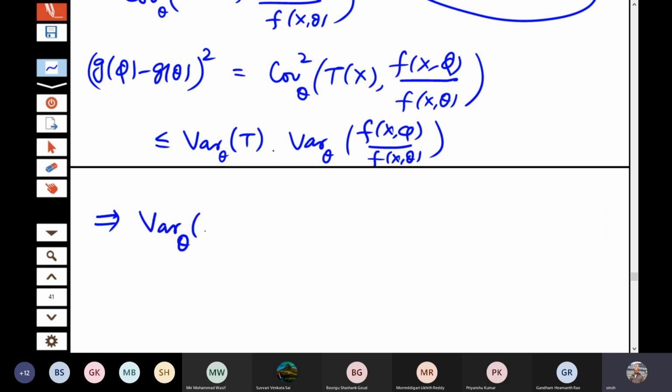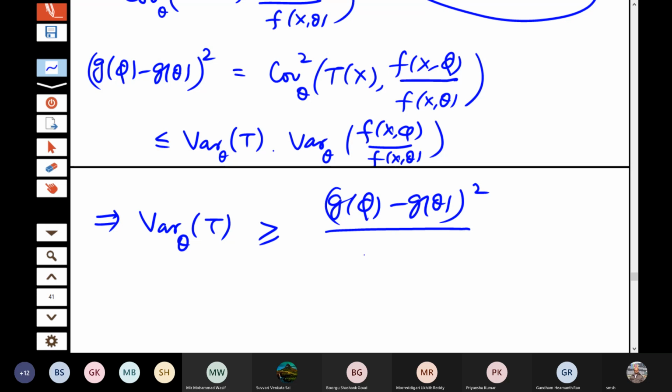Which implies that the variance of T is greater than or equal to (g(phi) minus g(theta)) square divided by A(phi, theta). Now, if you look at the left hand side, there is no phi coming here.